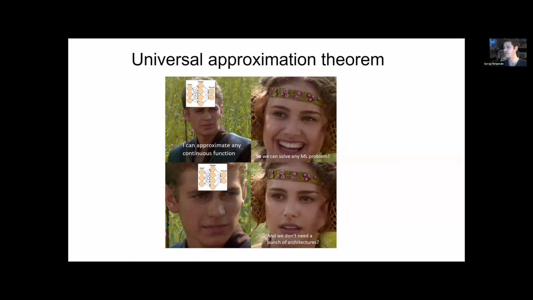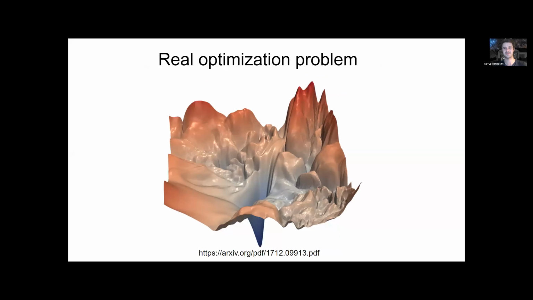The problem here is the optimization problem. When you use a large fully connected network for solving a really complex problem, you need a very large fully connected neural network to do it. And if you have a very large fully connected network, you face a very hard optimization problem. Basically, you need firstly a lot of data, you need a lot of resources, and still the optimization problem is very hard.